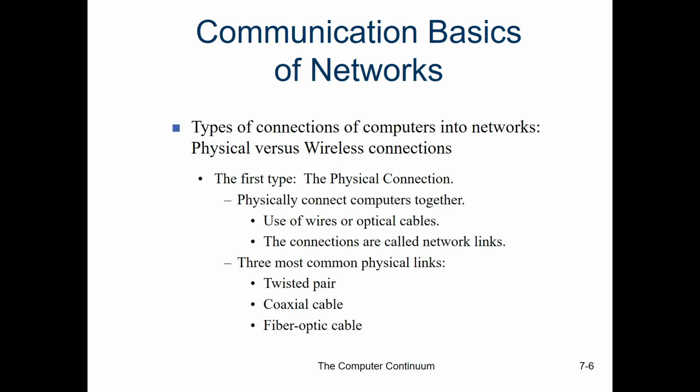Types of connection of computers into a network: physical versus wireless. These are the two basic types of connection which could be made. It could be wireless or wired, where wired means physical. The first type, physical connection, is where computers are physically connected with each other.